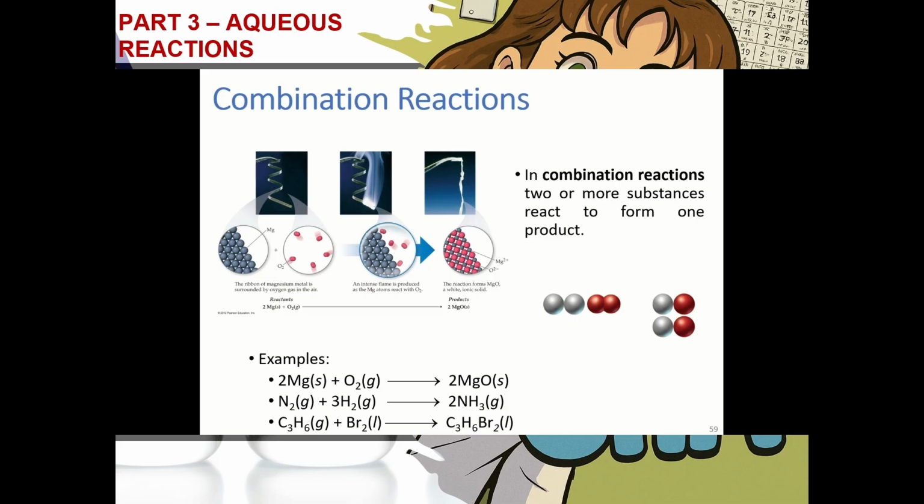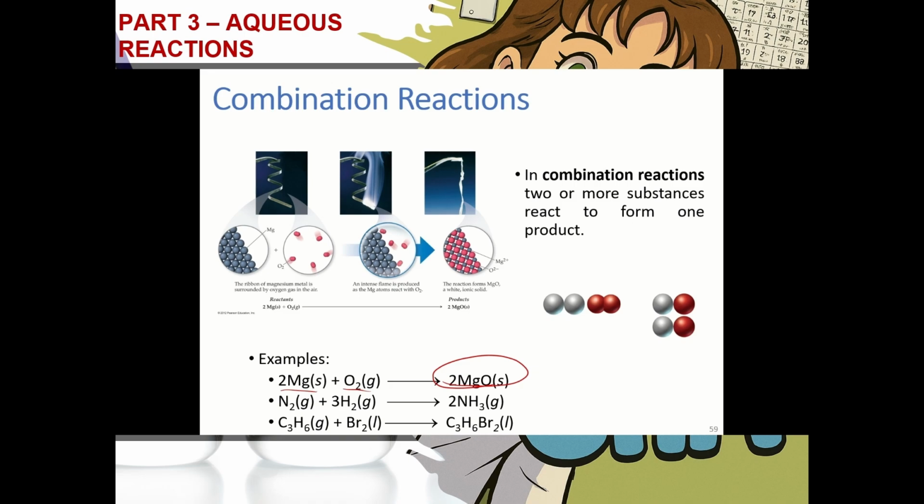And we have a combination reaction, which is a type of redox reaction. So they combine together, so we have two or more substances that react and they will produce only one product, like we have here, magnesium oxide, and we have ammonia, another product over here.